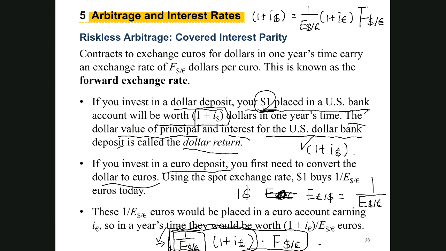So if you organize a little bit of the mathematical representation, that's what you get. Okay? So that's basically the idea of the CIP. I hope this is clear. Is it clear to everyone?